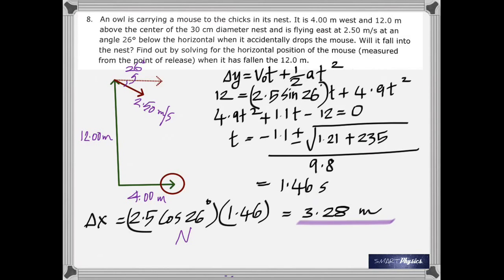Sorry, because 3.28 meters is not enough. The distance is 4. Even if you subtract 0.15 meter, which is radius, still not going to make it. It will not fall into the nest. The chicks will go hungry.